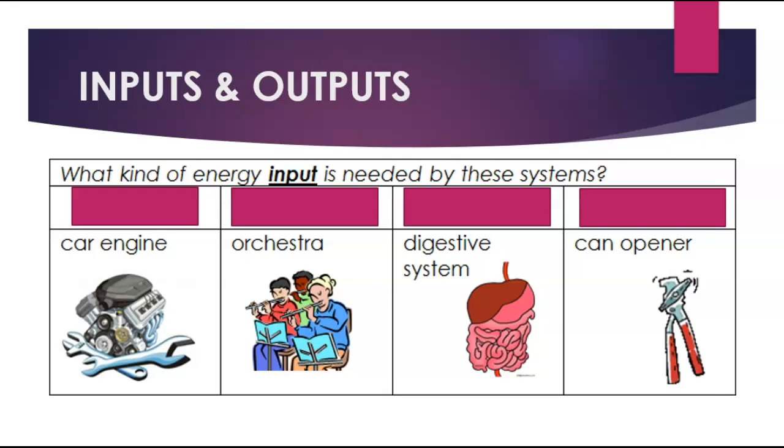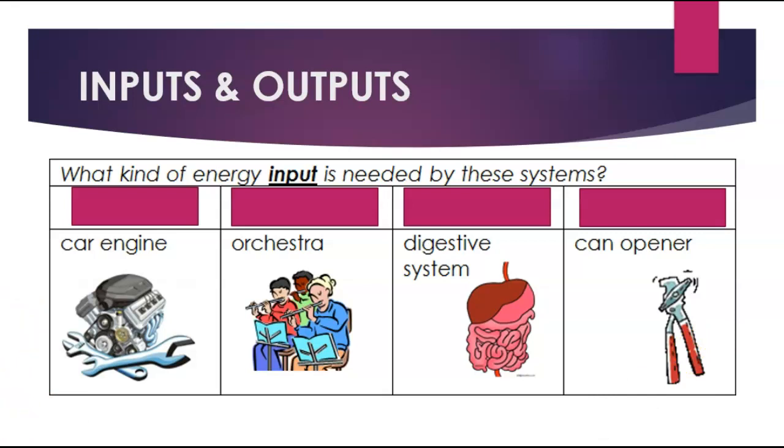All right, so let's look at these different examples of systems. We're looking specifically at a car engine. We're looking at an orchestra, a digestive system, and a can opener. For each one of these, what matter or what energy would be needed to be input in each one of these systems? Pause the video for just a second.